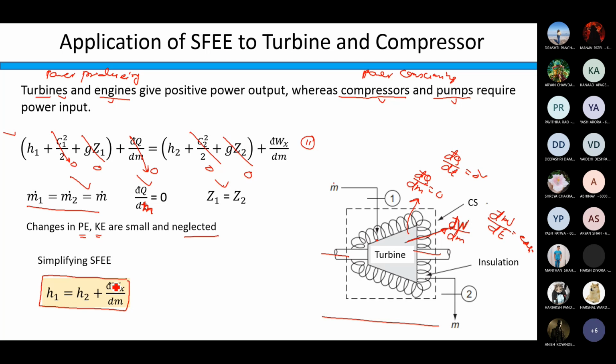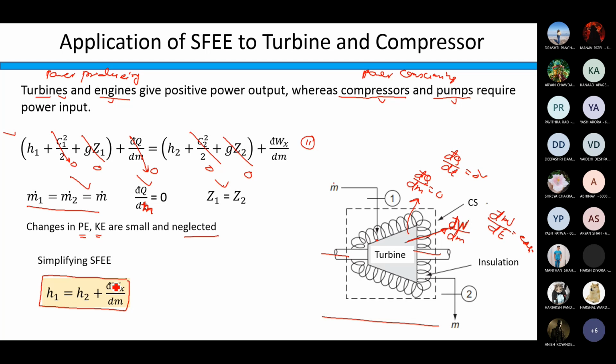If I make a statement that this equation is applied to a turbine, then I would say the work is obtained from the turbine at the cost of decrease in enthalpy. Getting me? Work is obtained from the turbine at the cost of decrease in enthalpy. So I can write H1 minus H2 is equal to d bar Wx by dm. So this itself indicates that the work is obtained in the turbine at the expense of decrease in enthalpy.